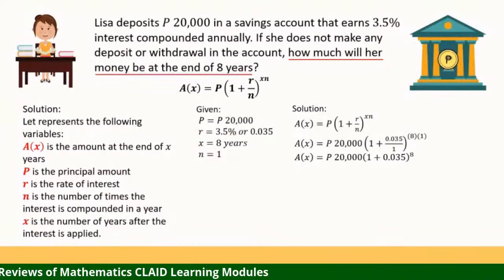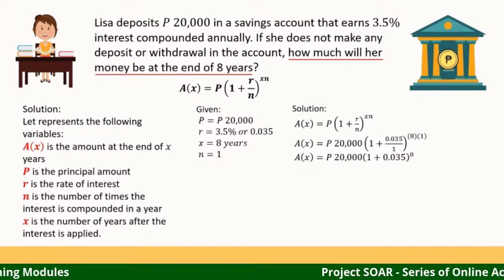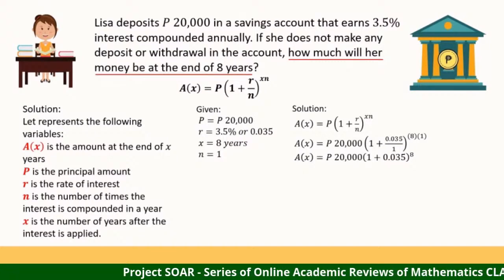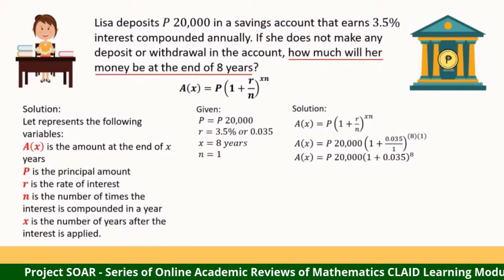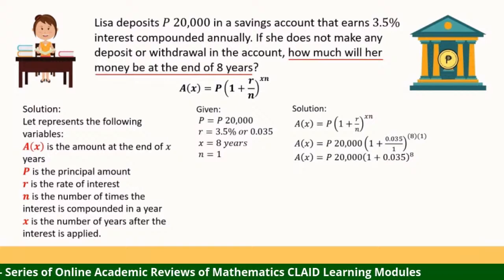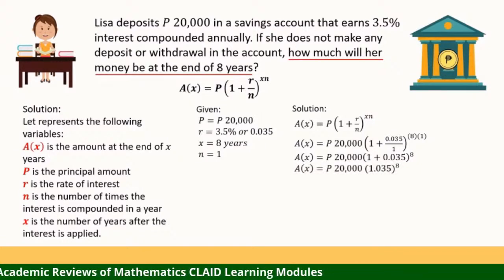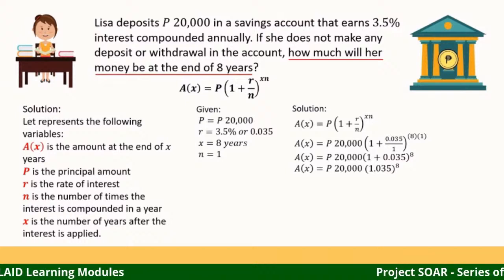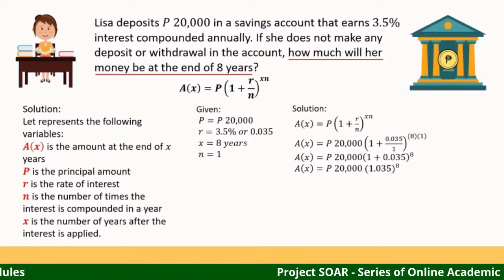Then, A of x is equal to 20,000 times (1 plus 0.035) raised to 8. Then we have A of x is equal to 20,000 times 1.035 raised to 8.